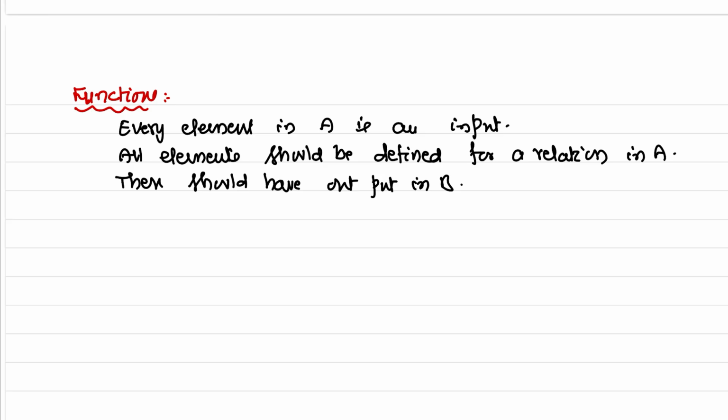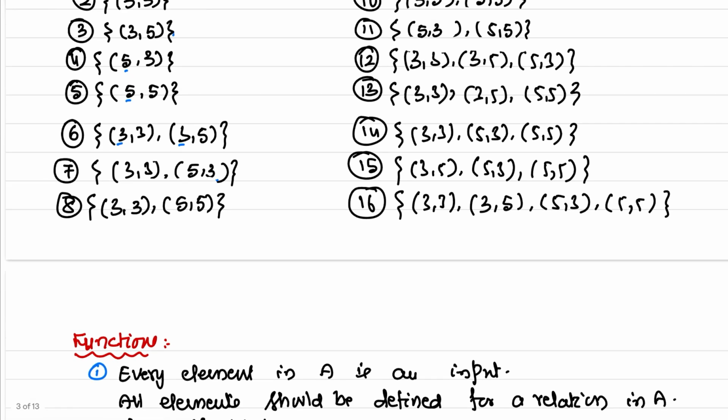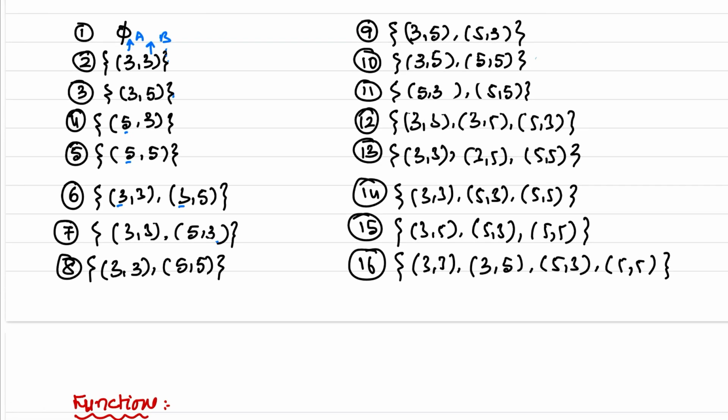This is the first condition. The second condition is that there should be only one output for an input from A. Here for 3, 2 outputs are there.